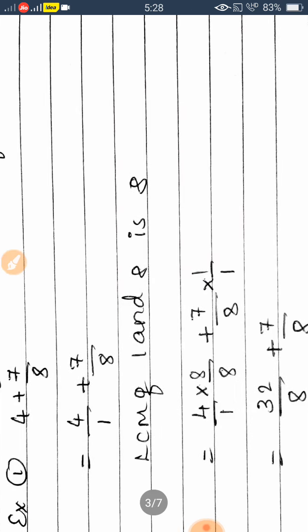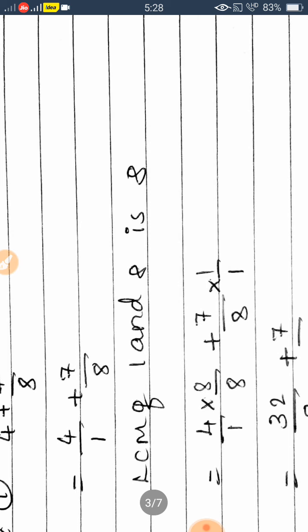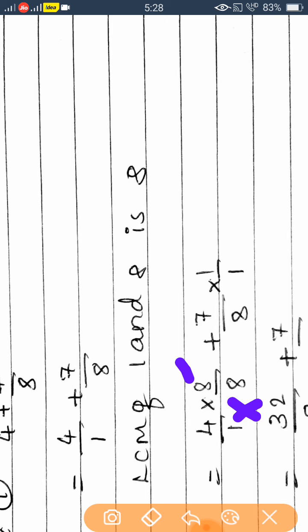So whatever LCM you get, you convert the denominator to that LCM. So 1 we have to convert to 8. When does it become 8? By multiplying by 8. We should not multiply the denominator only, we should multiply the numerator also.